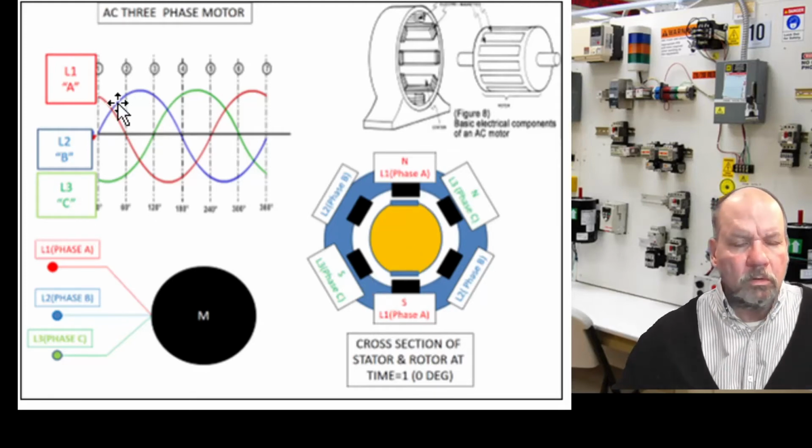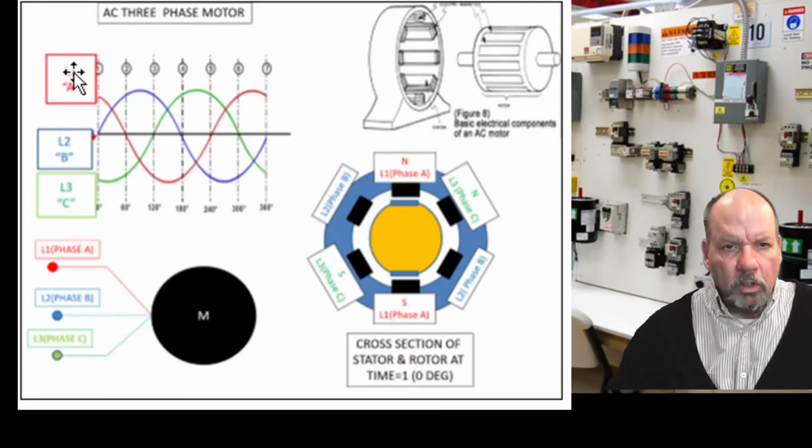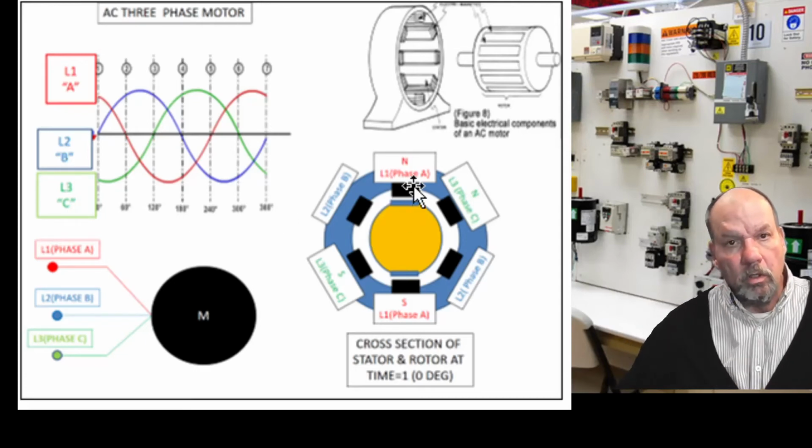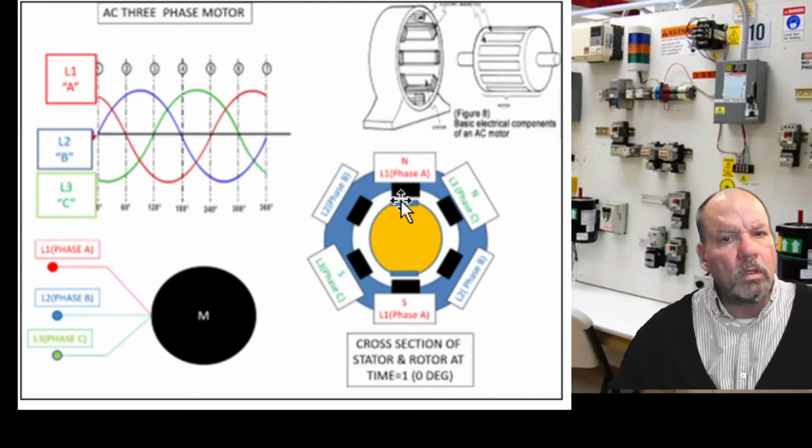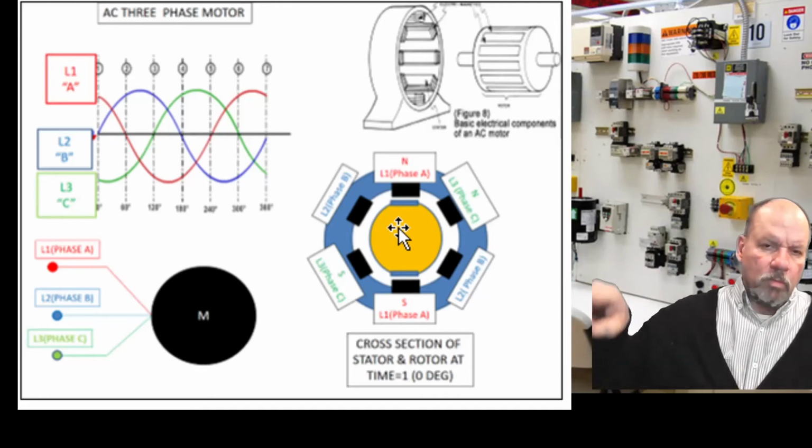Well, you probably already know this fact that if you switch any 2 of these phases around, then you change the current through the coil, and that will change the direction of the rotating magnetic field.